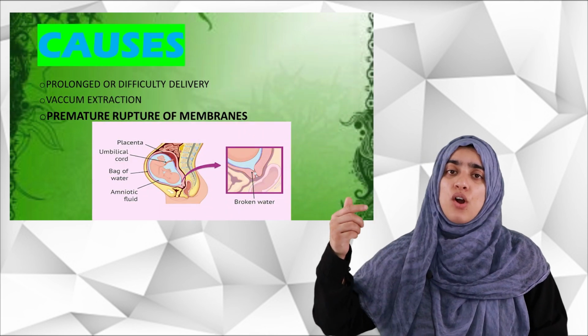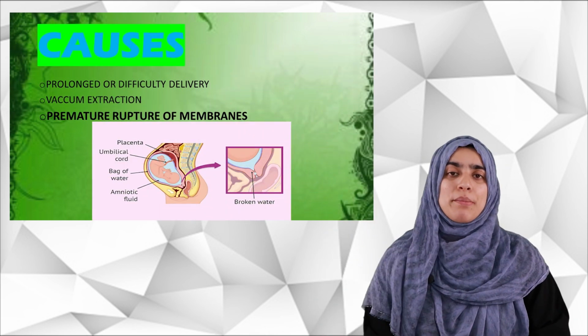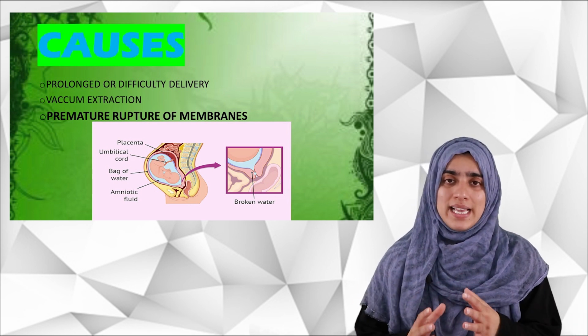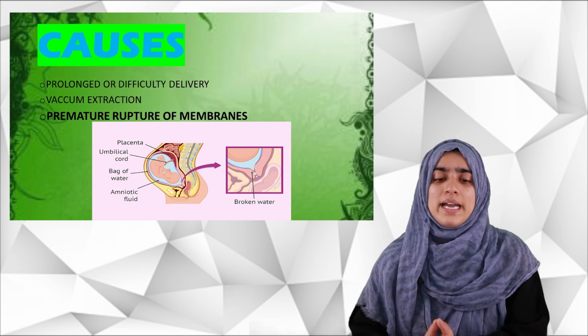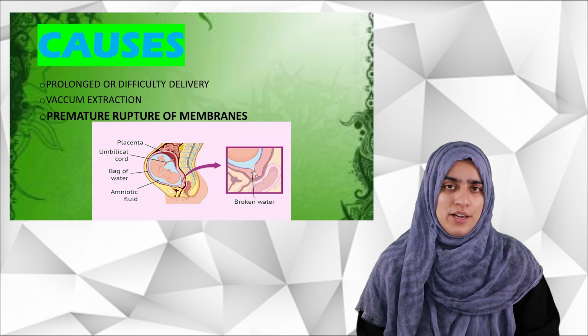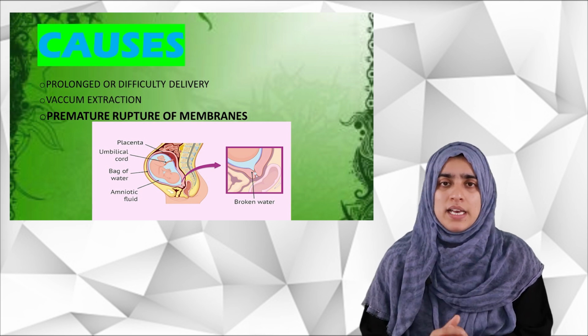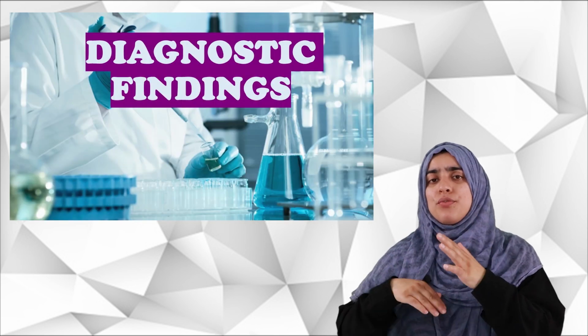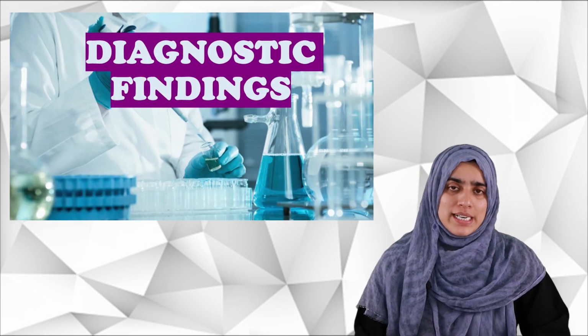If there is premature rupture of the membranes, that means the fluid in the amniotic sac, which protects the baby against infections and provides a cushion to the baby's head, is lost, and the baby's head is usually exposed. How do we diagnose this condition?